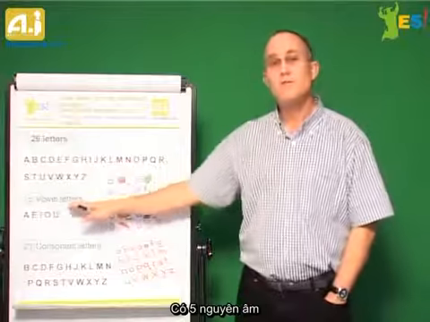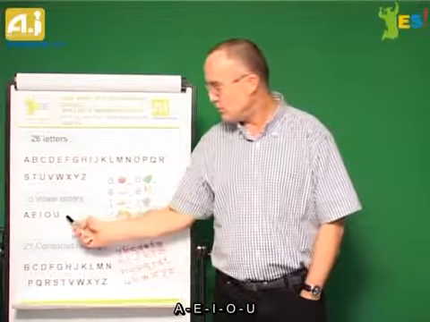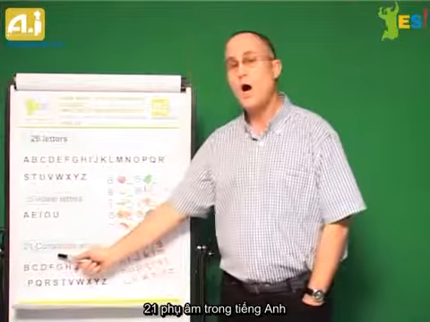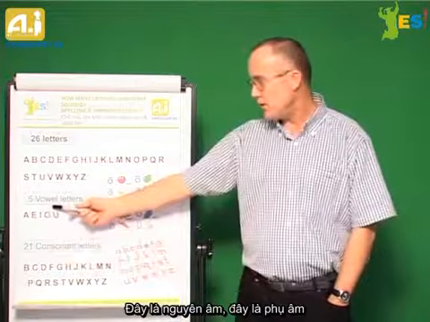Now, there are 5 vowel sounds in English. A-E-I-O-U, A-E-I-O-U, right? And there are 21 consonant letters in English. These are the consonants and these are the vowels.